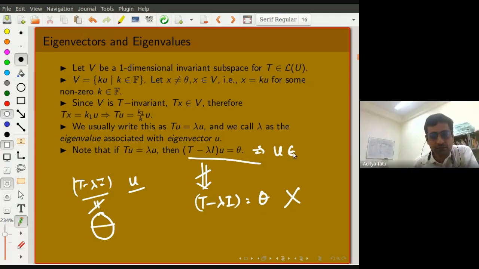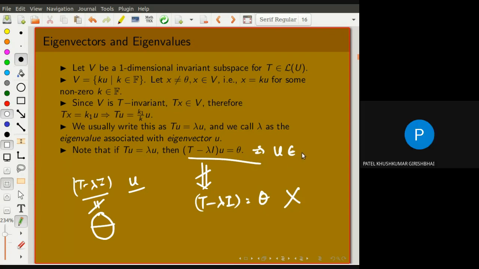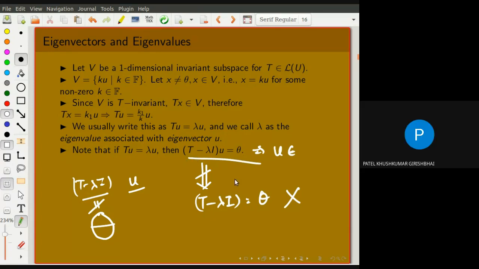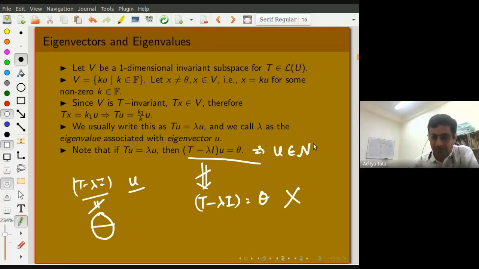Once again, u is not a subspace. U is just a vector. But what can you see from this equation? Sir, u belongs to the null space of T minus lambda I. Good.